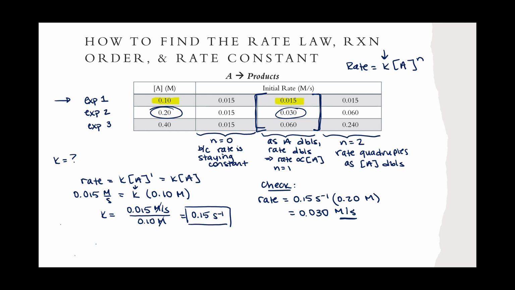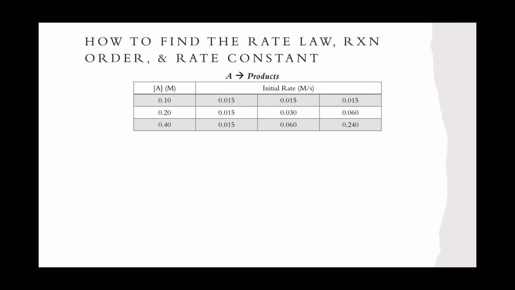I'm going to go ahead and erase these annotations, and then we'll look at how we would solve for a reaction order. Alright, so now we are going to try to find what n is and how we would do that in a question.